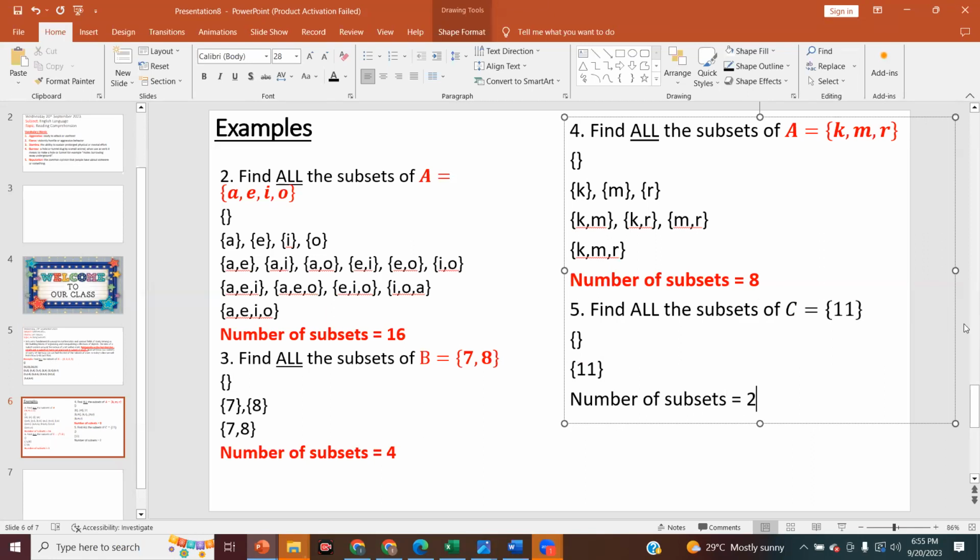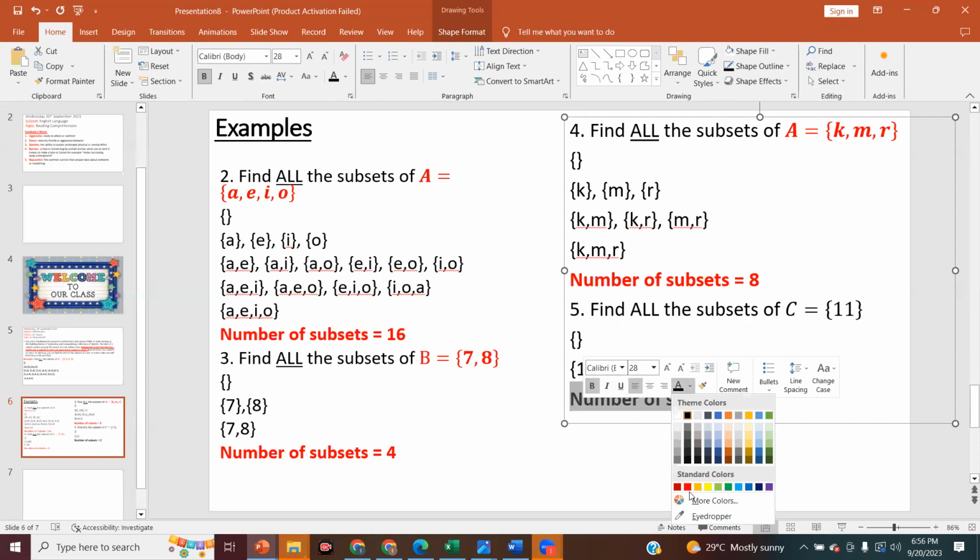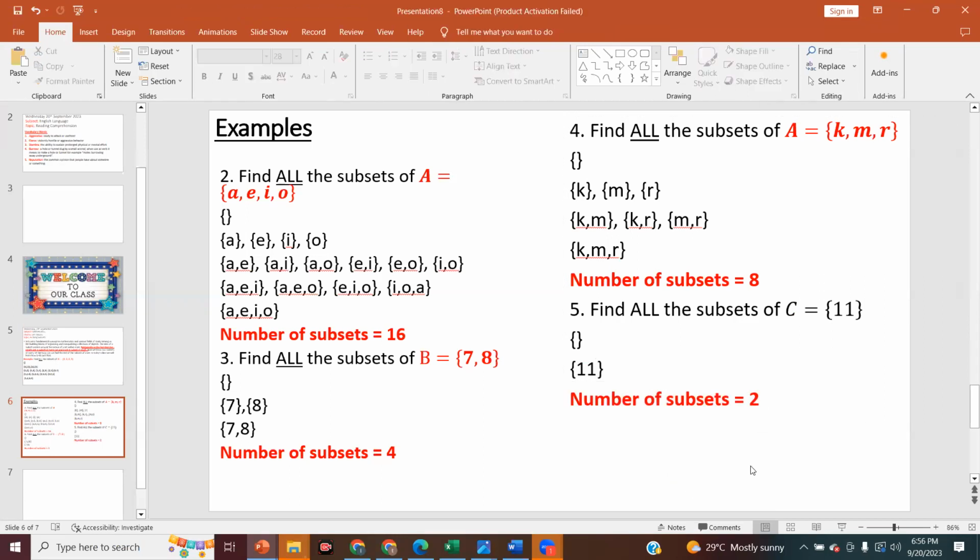Do you all see a pattern for the number of subsets? Yes, sir. Even numbers. Are there any odd numbers for the number of subsets? No. So if you get an odd number, you know you did something wrong.